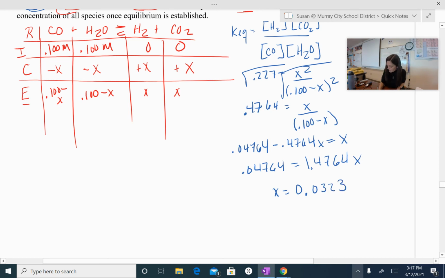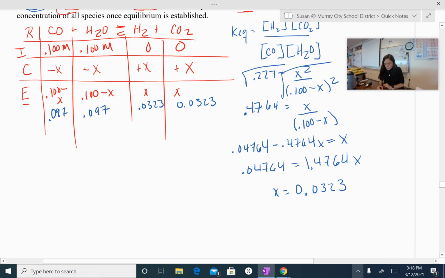So if I do 0.1 minus X, that gives me 0.097 with my sig figs.